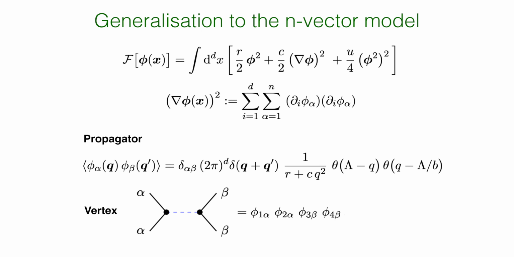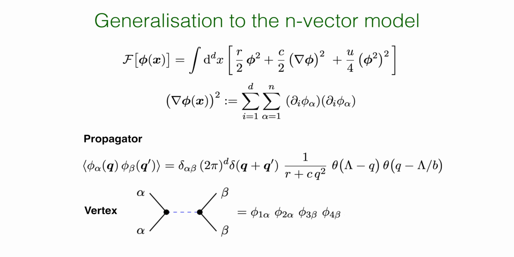And it's as before, so you have a theta function combination here that confines the momenta to this thin layer between lambda over b and lambda. That's our momentum shell. Then you do have the classical structure, 1 over the harmonic term. So you have just this term that you have here. You write it in Fourier space, and you get 1 over r plus c q squared. The other term that comes is a delta function.